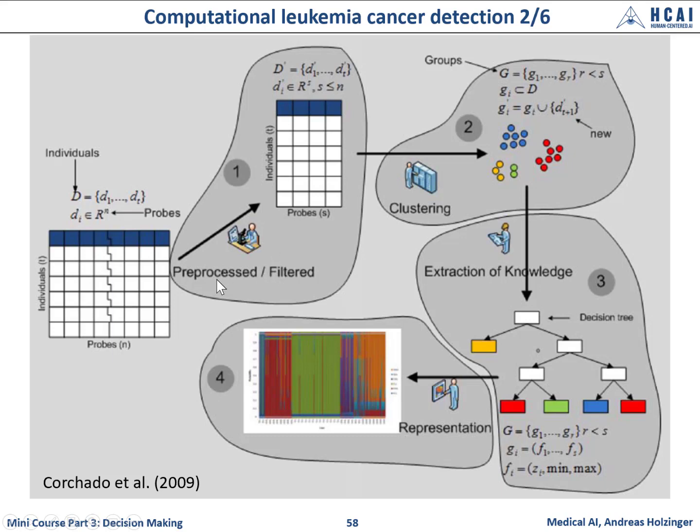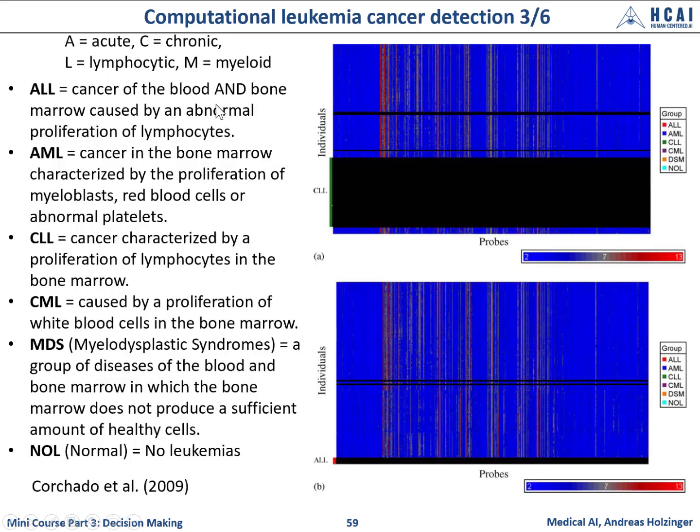You see the pre-processing here, then pre-processing and filtering, then the clustering, then the extraction of knowledge in these decision trees as we have learned before, and then the information representation in terms of visualizations. So this is an expert process, and then you get a decision support, and we will now look into more details.